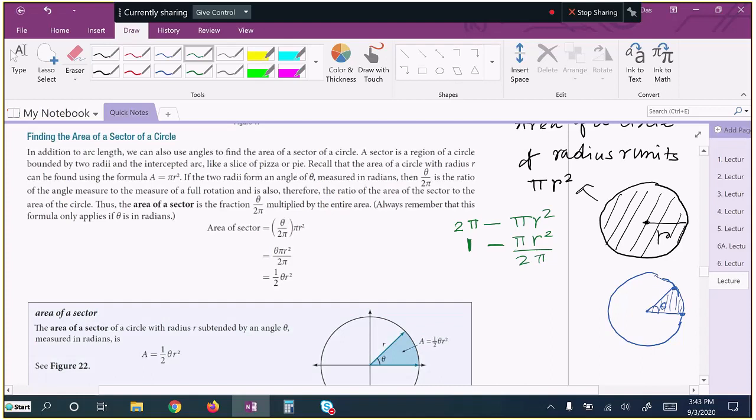After calculation this becomes r squared over 2, because the pi and pi cancel each other. But I'm interested in the area subtended by the angle theta. So for theta, the area is theta r squared over 2. And that's the formula for the area of a sector obtained by a circular section of circular measure theta.